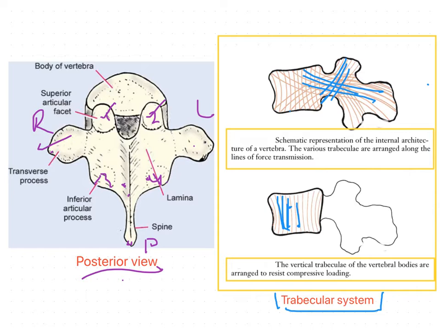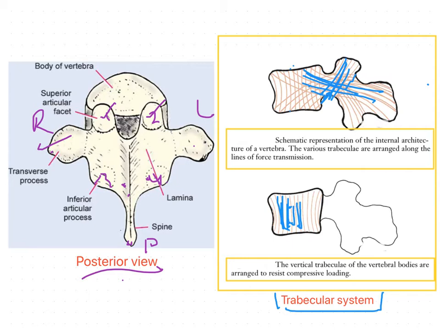All these trabecular systems correspond to the stresses placed on the bodies and are mainly found within the spongy bone. The vertical system helps to sustain the body weight and resist compression forces. The other trabecular systems, the oblique and the horizontal, help to resist shearing forces.